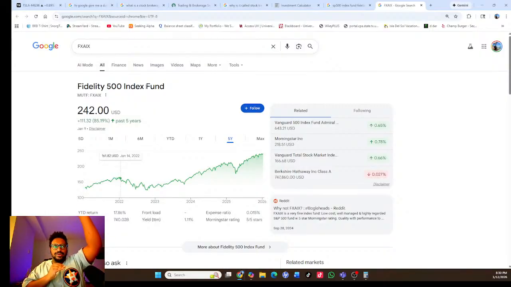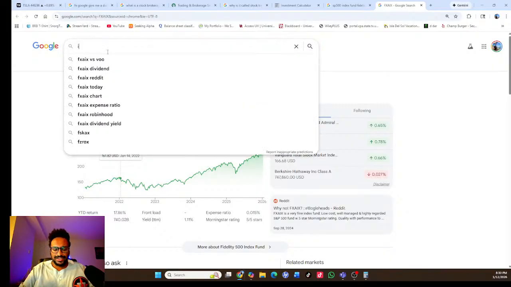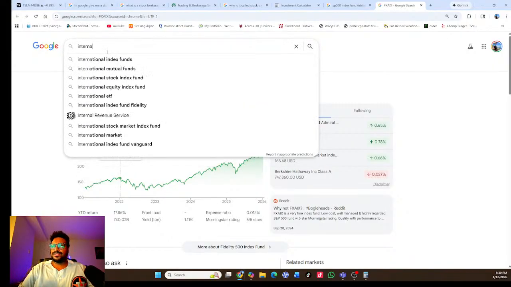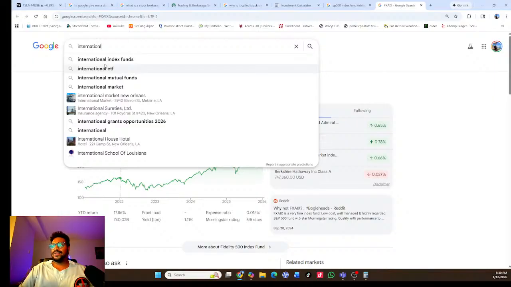One grows by 20%, the other is down 10%, but on average you're up 10%. You know what I mean? So this is basically owning a piece of the biggest companies in America. You really can't lose unless you think America is going to lose. If you think America is going to go down, you can do an international index fund.